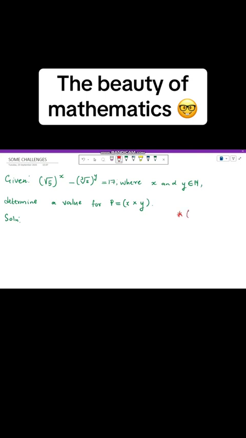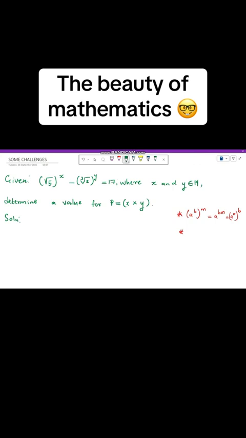So we know that if we have a base, let's say a to the power of b all to the power of m, we can express this as a to the power of bm, which is the same as a to the power of m then to the power of b. Right, so we'll need that.